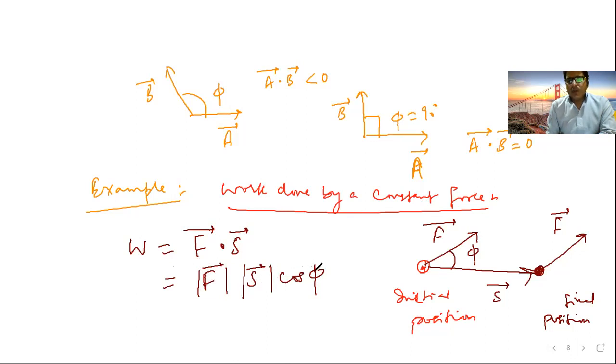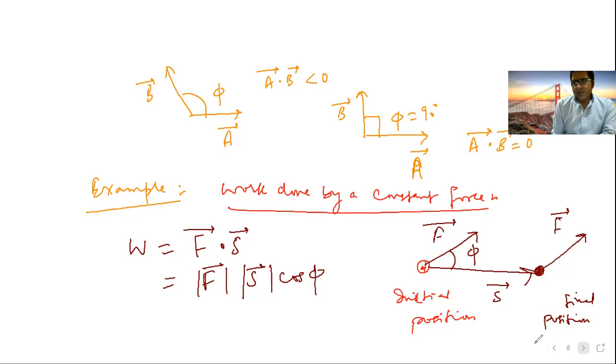If phi is 0, cos 0 is 1, then work done by the force is simply product of force and distance traveled, right? Work can be negative if phi is greater than 90 degree. Work can be positive if phi is less than 90 degree, and 0 when phi is 90 degree. So all dot product rules are applicable to work, right?